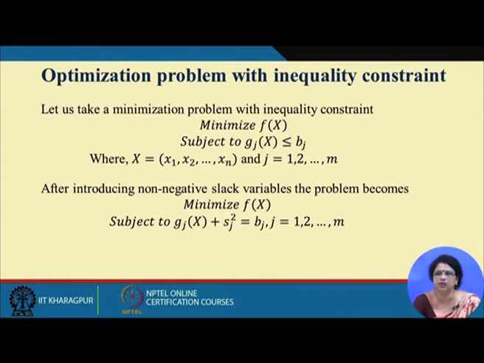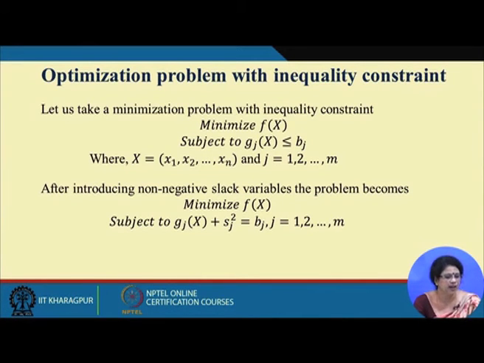If the constraint is of less than or equal to type, you introduce the slack variable. That is why here we are introducing a non-negative slack variable, Sj. Since we are considering the slack variable as non-negative, we use Sj square. That is why we can make this problem an equality type constraint.